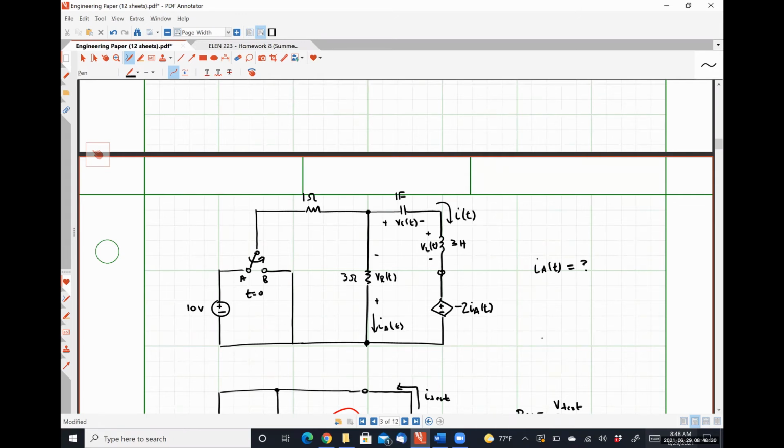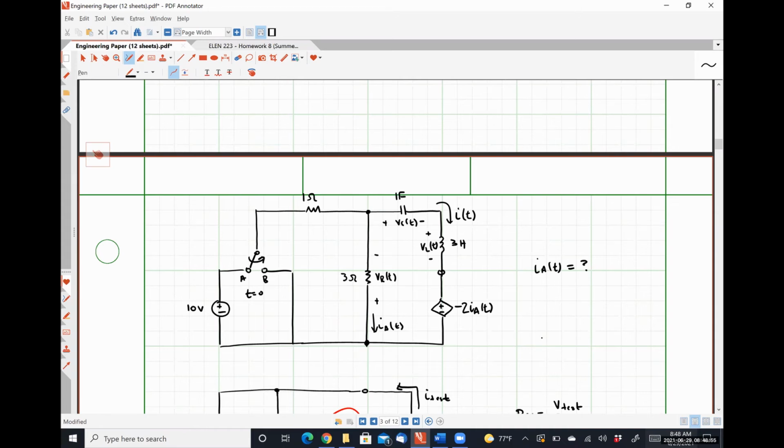So what quantity are we going to be using to try to determine that? What I mean by that is, should we be looking for, say, the capacitor voltage or the capacitor current or the inductor voltage or the inductor current? What's going to be the easiest path by which we can determine that current IA at the end?